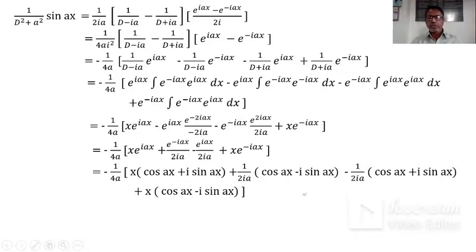Minus 1 upon 2ia [cos ax plus i sin ax plus x (cos ax minus i sin ax)]. Again, we simplify this. This is equal to minus 1 upon 4. After simplification, we get 2x cos ax plus 1 upon 2ia minus 2i sin ax.